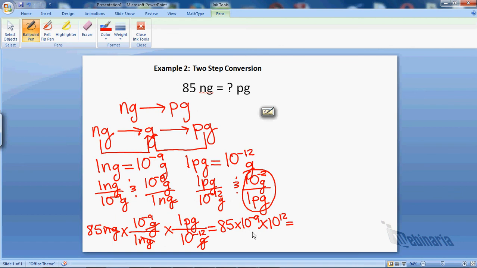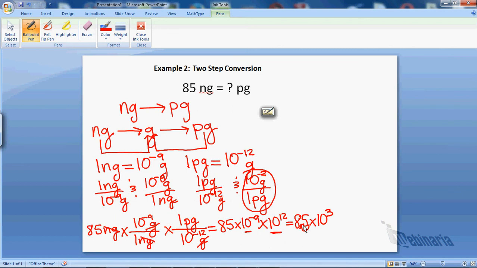Now, I have the same base 10 right here, the same base 10 right here. I'm multiplying the two, so my rules of like bases say that I can have 85 times 10 to the 12 minus 9, or minus 9 plus 12, which is the same thing, and that gives you an exponent of positive 3.